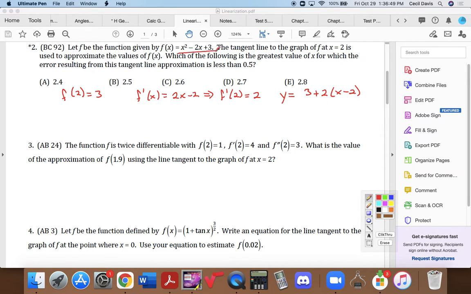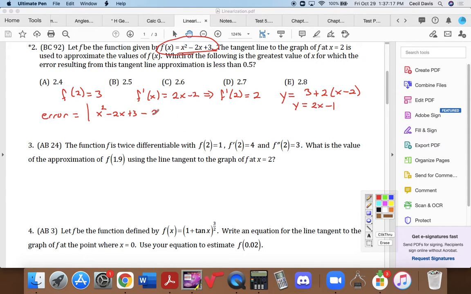This is the actual value, right? The function is the actual value. So the error is the absolute value of the difference between the two, and it really doesn't matter which one you do first. Let's simplify this a little bit first. That's going to be a negative, so it'll be 2x minus 1.